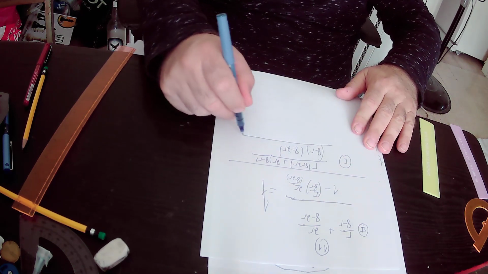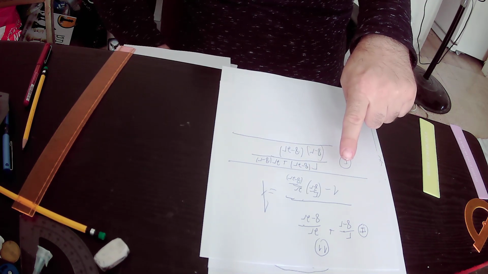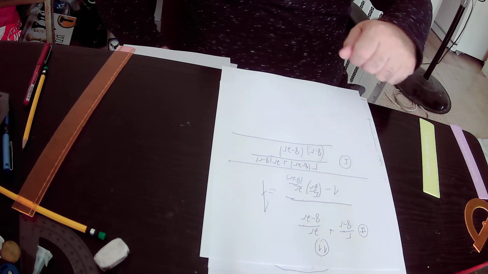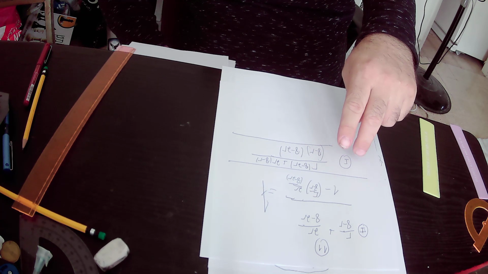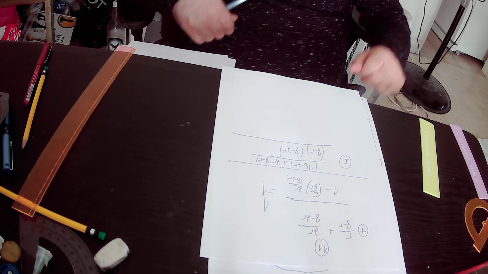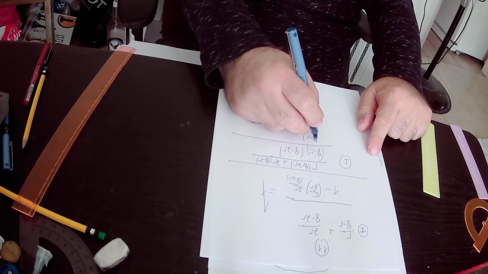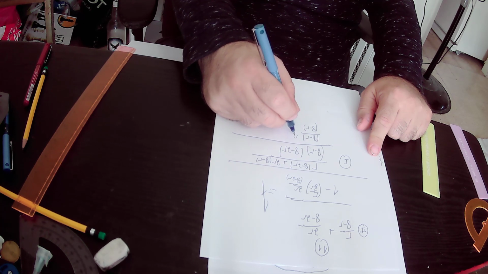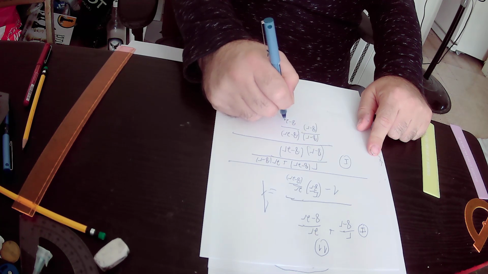Then we will take a common factor for these two, for 1 and this expression. In order to have a common factor for 1 and this expression, we will substitute 1 by 8 minus R over 8 minus R, that is actually 1, and 8 minus 2R over 8 minus 2R, that is also 1.